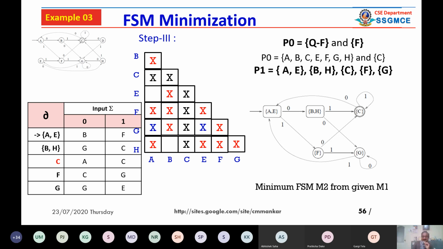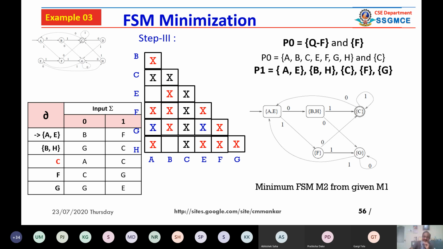So best way is that when you start, first remove the unreachable state, then create the lower triangular matrix and just mark the initial states with cross X by considering the final state and non-final states, Q minus F and F. It is given like this.